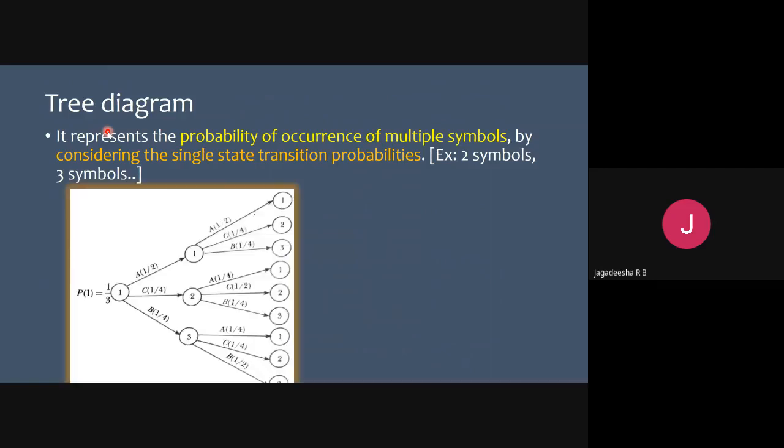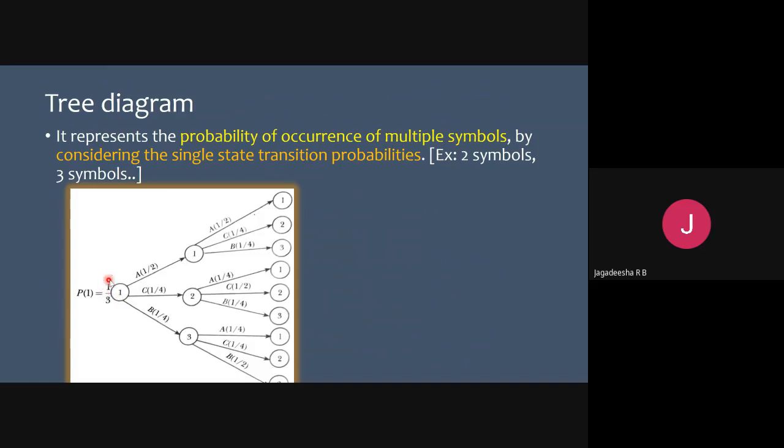The tree diagram will appear something like this for the previous transition diagram. We will see how this can be generated. You need to write it by yourself. How to write this kind of tree diagram if the state diagram is known. In the previous state diagram we saw initially the source emitted A, and it was in state 1.